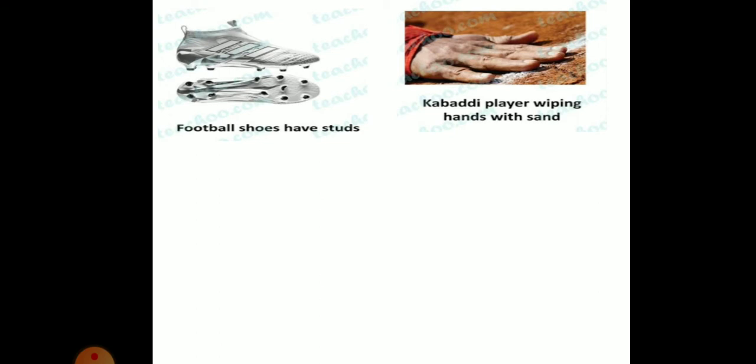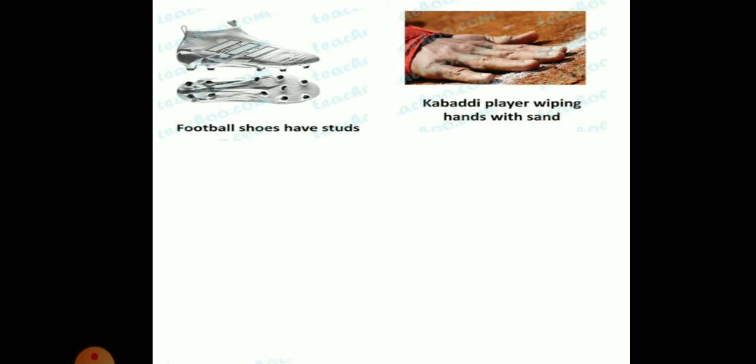The next example you can see is kabaddi players. You may have seen a kabaddi player or you may have played kabaddi. When the player goes for a raid, he wipes his hand with dry sand. You can see in the picture, he rubs his hand with dry mud.